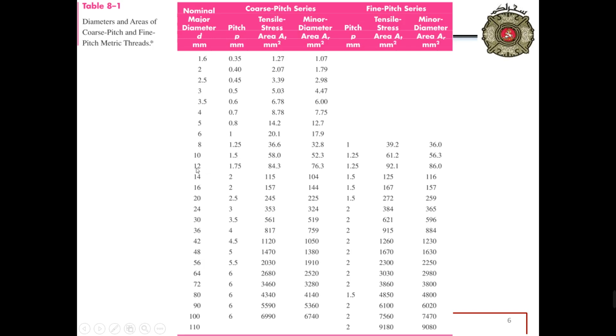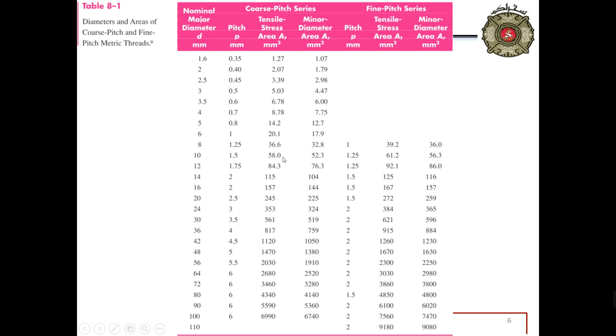For example, for 12 diameter, this diameter is the maximum diameter of the bolt. For 10 diameter, pitch is either 1.5 or 1.25. Tensile area is 58 square, and minor diameter area is 52.3.